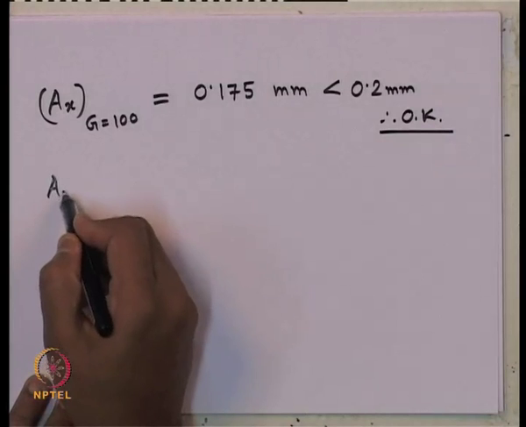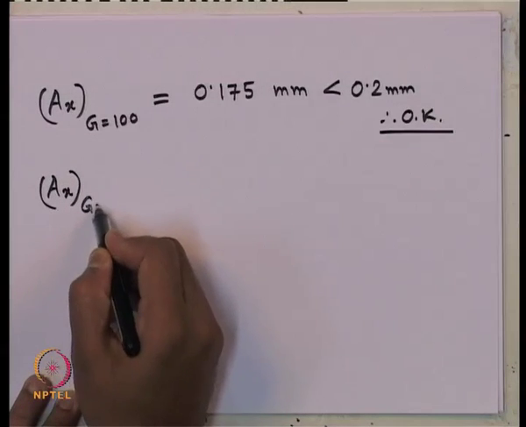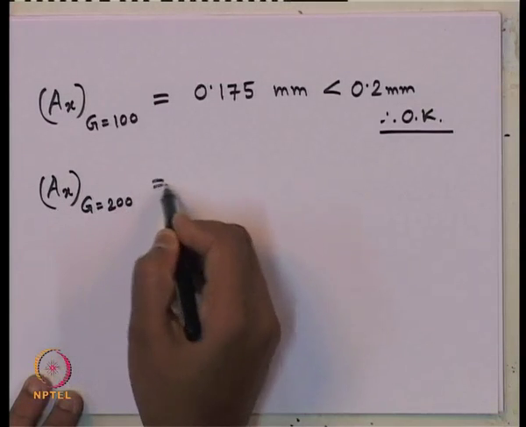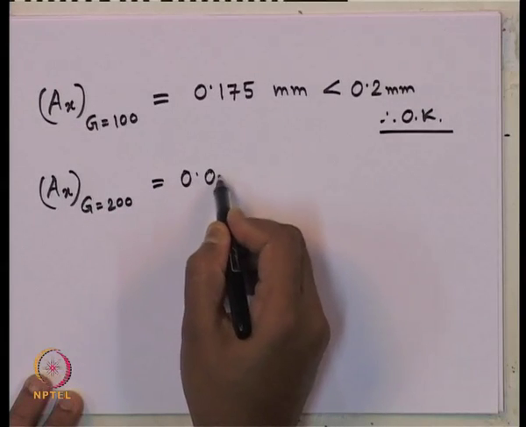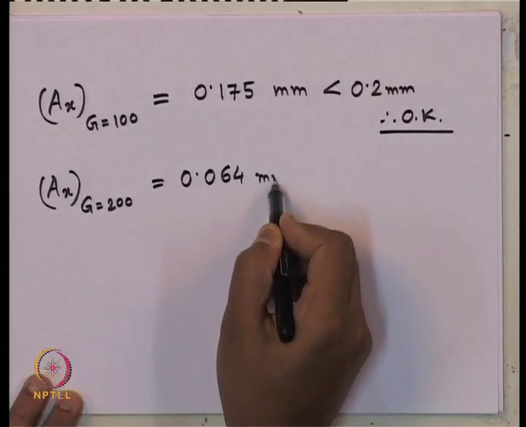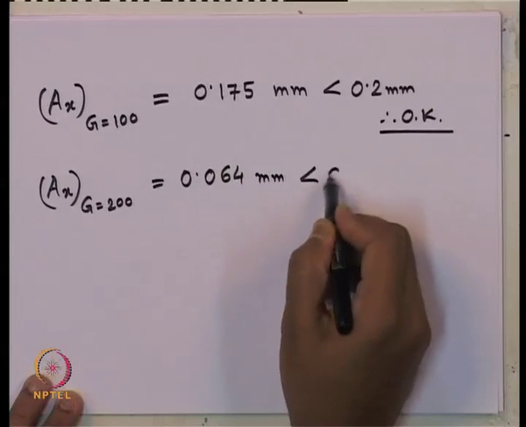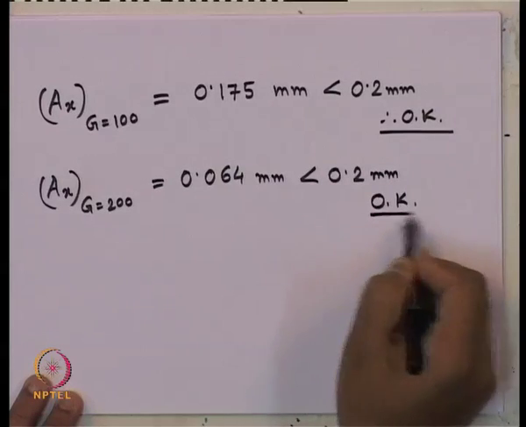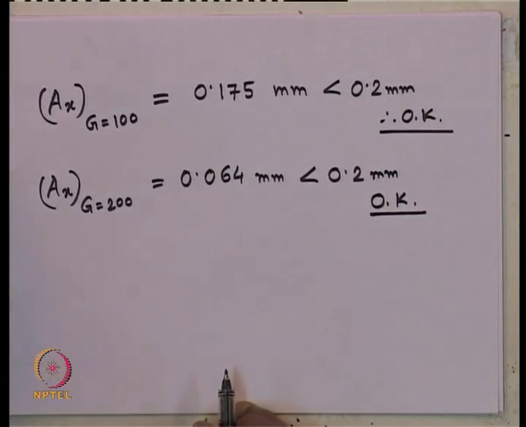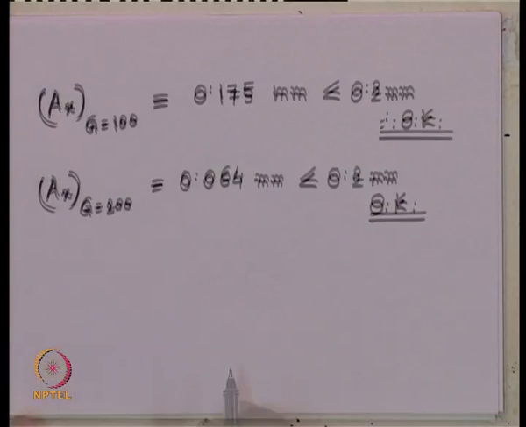For the third type of soil with G equals to 200 TSF, if we put the values once again, we will get this much horizontal amplitude of displacement, which is less than the permissible one, hence okay.